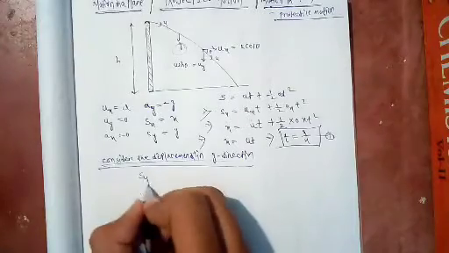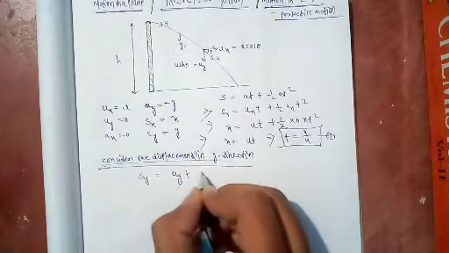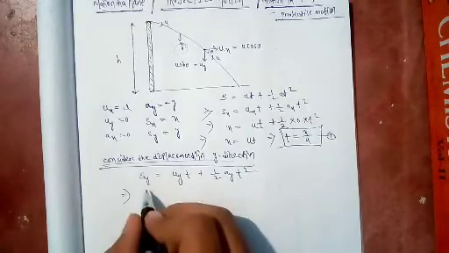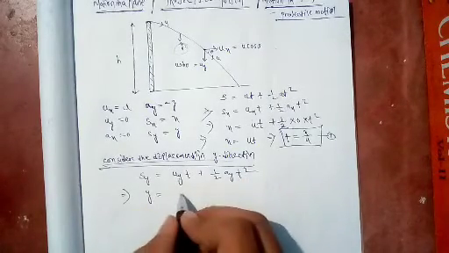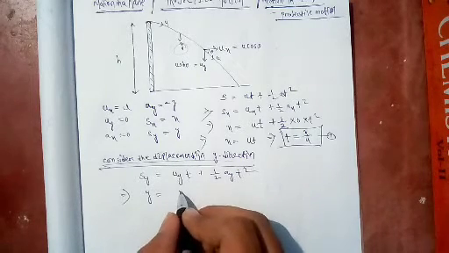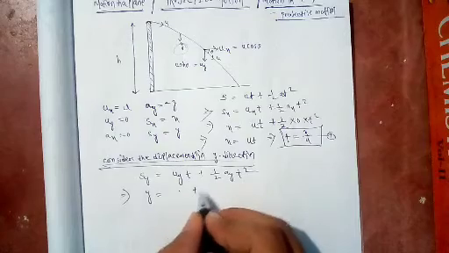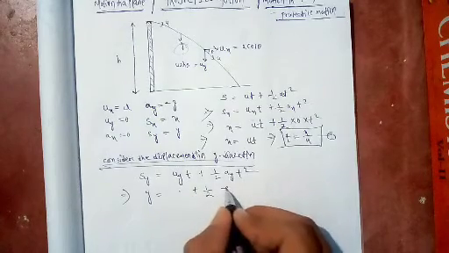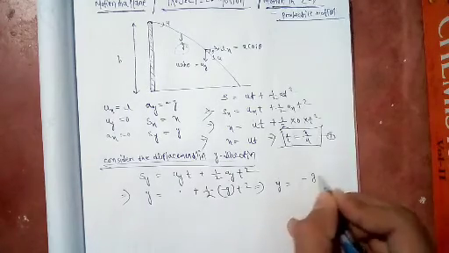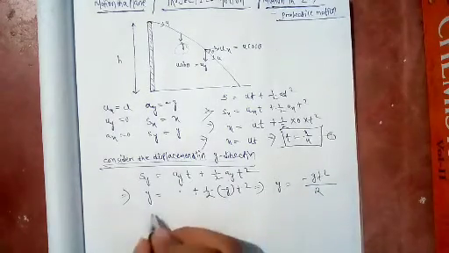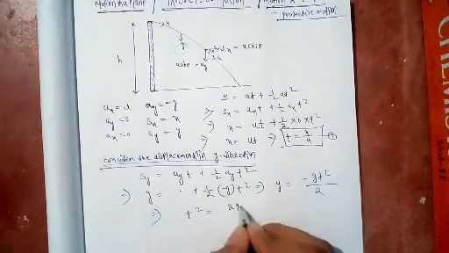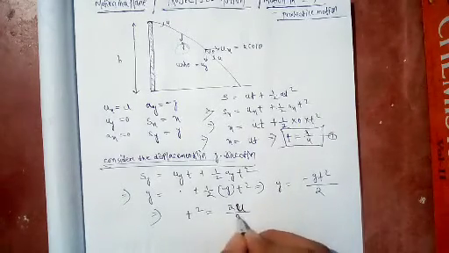We write sy is equal to uyt plus half ayt square, that is, displacement in the y direction, y, is equal to u in the y direction, which is 0, into t, that is 0, plus half into acceleration in the y direction, which is minus g, into t square. That is y is equal to minus gt square upon 2.